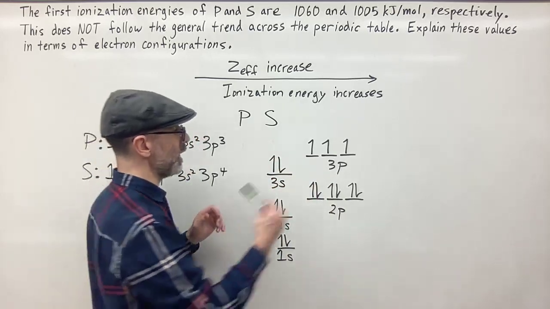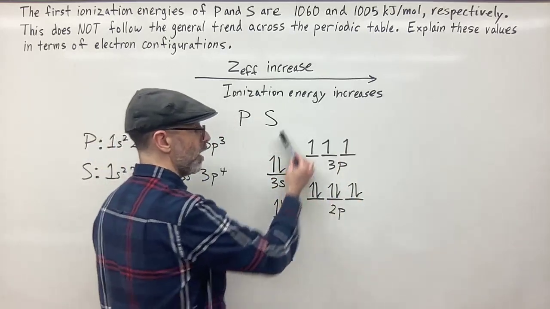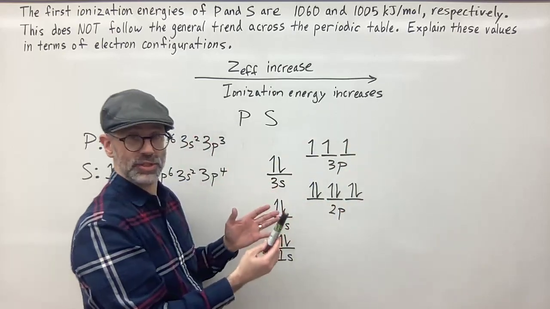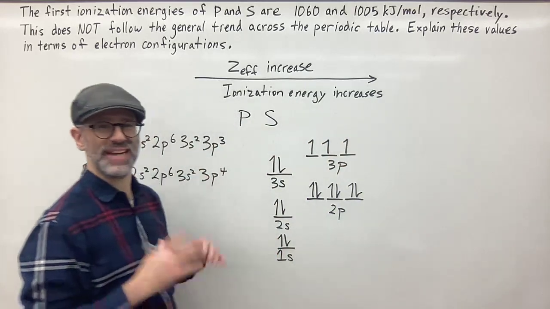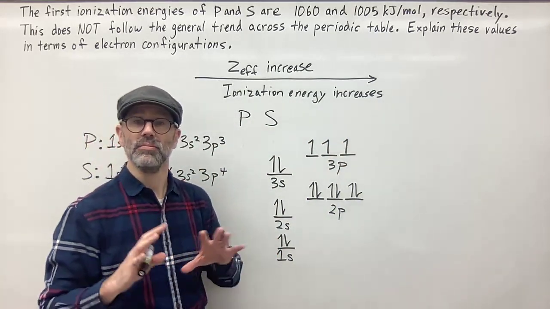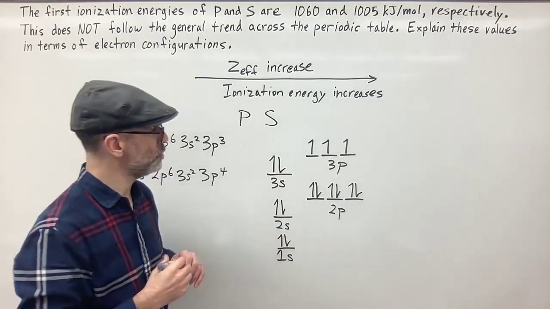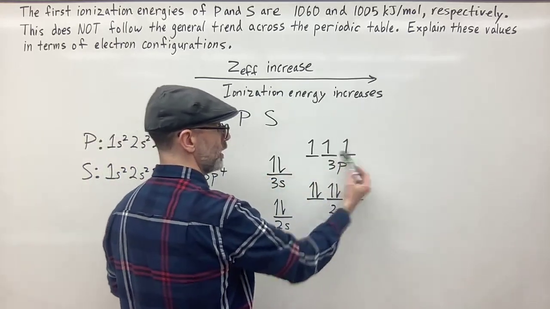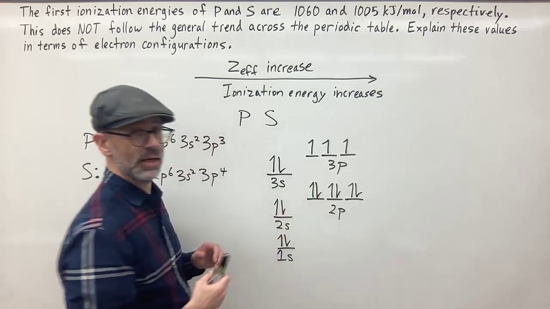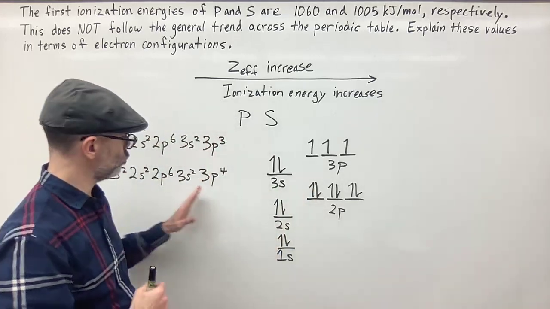So because this is a more stable situation, if you were to remove an electron from that, that would not be a stable situation. So that's going to take more energy to remove an electron in this situation than this situation here.